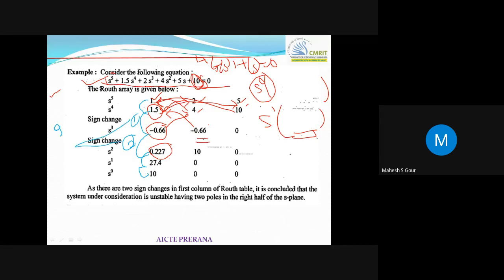If it is s power 5, there are 5 roots, right? As you can see in the problem, there are 2 sign changes. It indicates 2 roots are lying on the right hand side of the s plane. The number of sign changes tells how many roots are lying on the right hand side of the s plane.